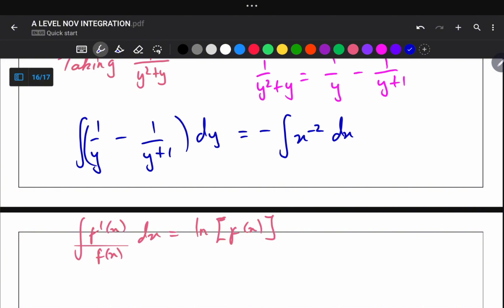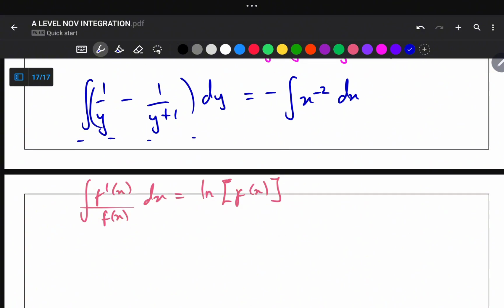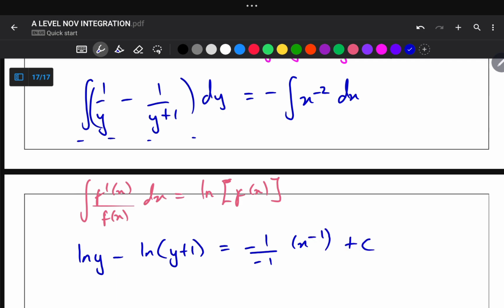Okay, so here we can now say the integral of these expressions on the left hand side of the equation is ln y minus ln of y plus 1, being equal to negative 1 over negative 1 multiplied by x raised to the power negative 1 plus c.